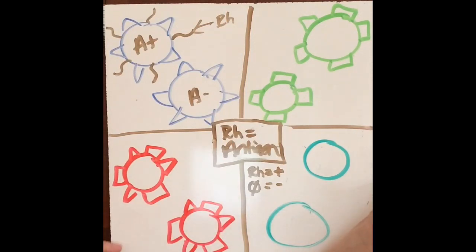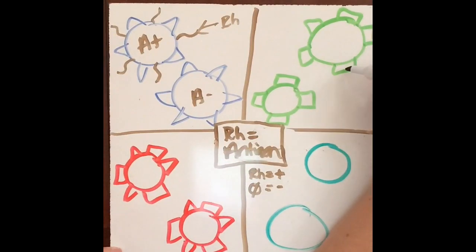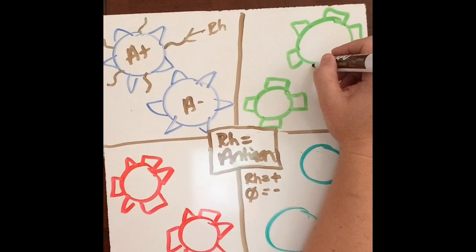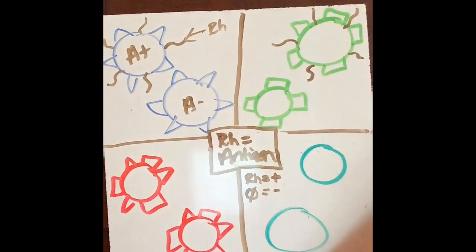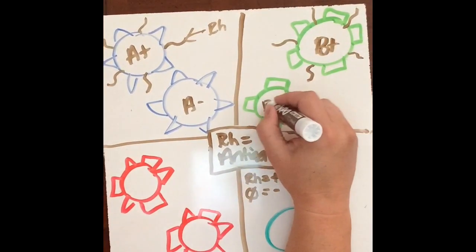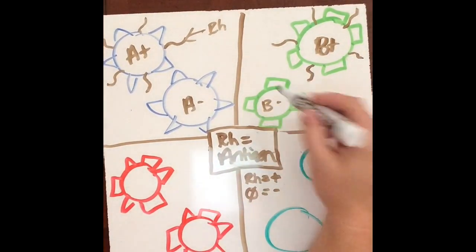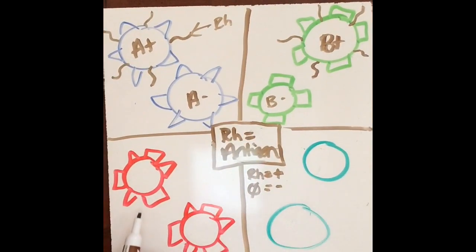A person who is B positive then, so if these are our B cells over here, because they're squares, a person who's B positive would also have the Rh factor on the outsides of their cells. So this would be a B positive person. This would be a B negative person. They would just have the B antigen and no Rh antigen. So then a person who has AB blood, they have both the A and the B antigen.